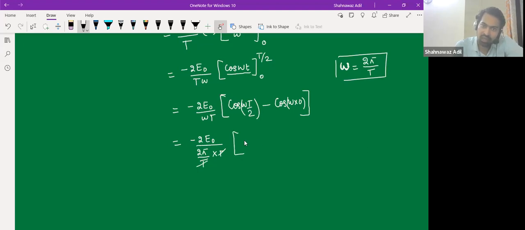And again, we put the value of omega, so 2 pi into T divided by 2, into T. So this T cancels, 2 cancels. Minus of cos 0. So this 2 cancels, and we have E naught by pi, and this is cos pi minus cos 0.